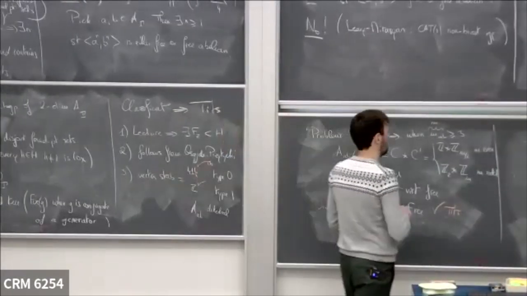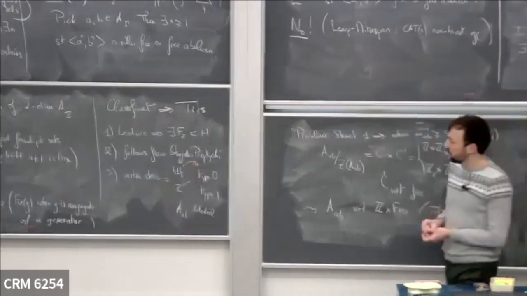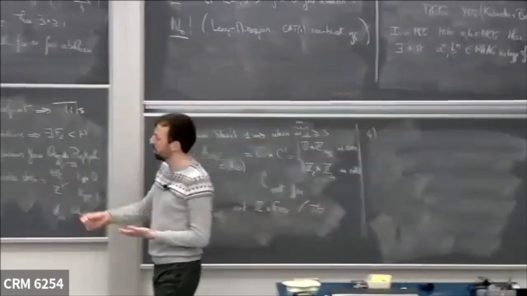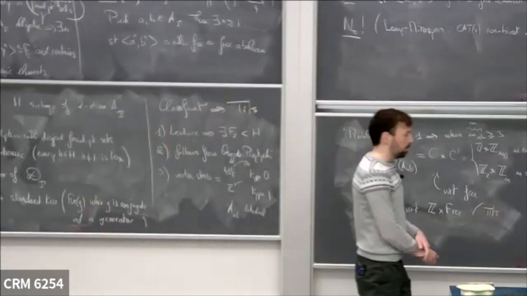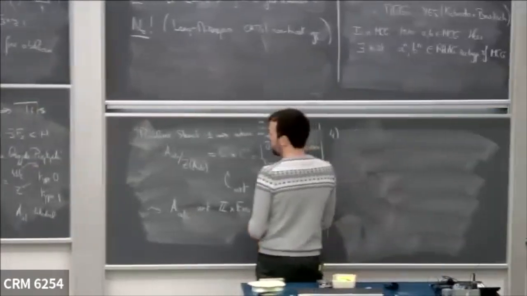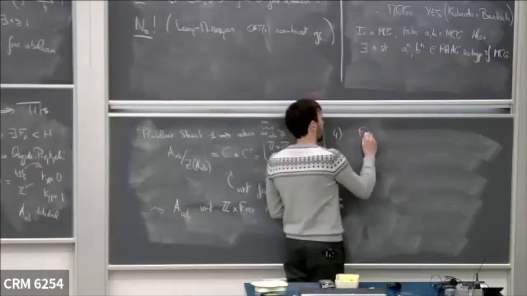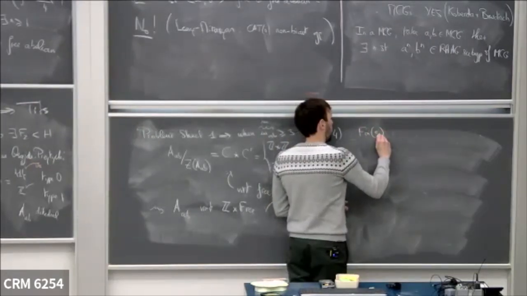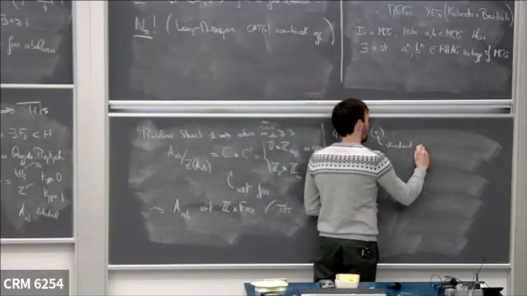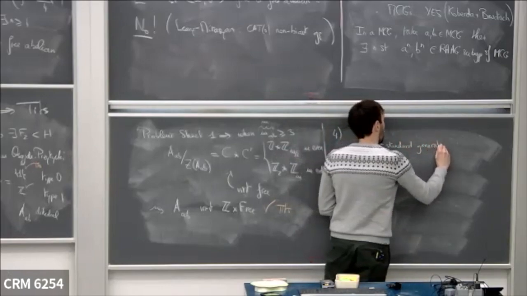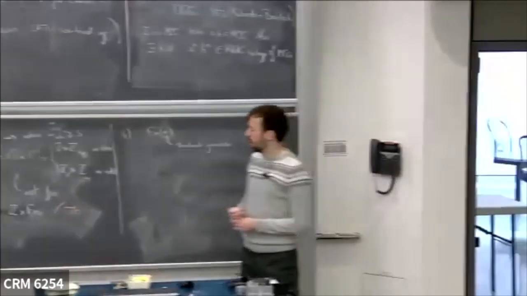Part 4. So part 4, there's a bit more work. We need to understand what the stabilizer of one of these 3 fixed point sets is like. So I'm just going to take Fix(A), where A is one of the standard generators, so it really corresponds to one of the vertices of my presentation graph Gamma.